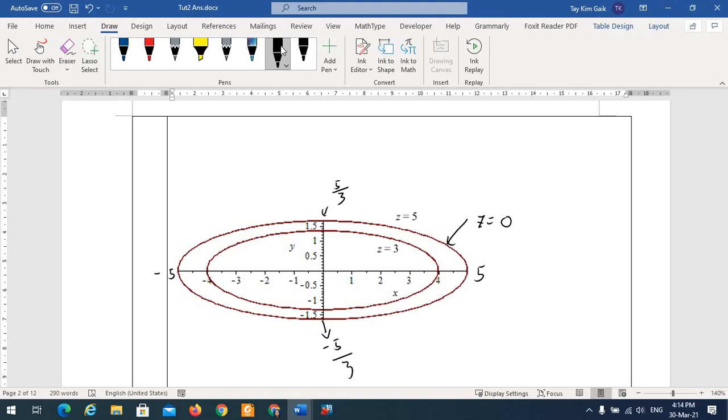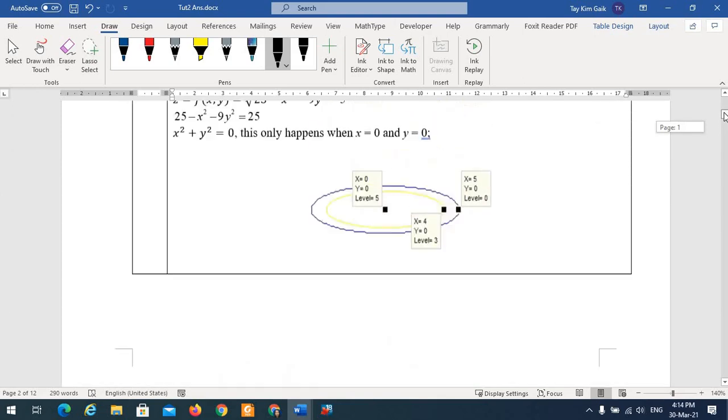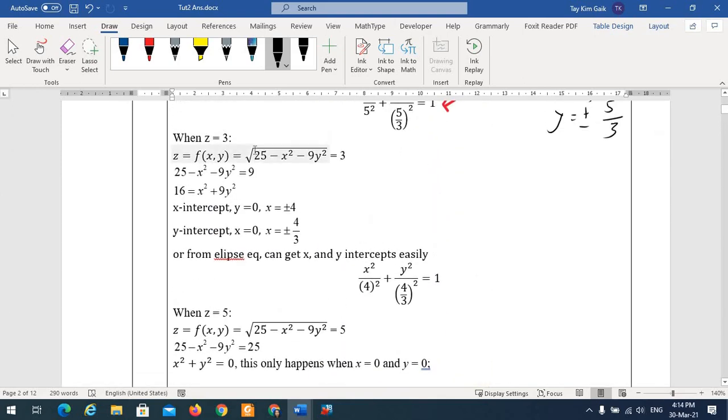This is z equals 0. Z equals 5 is this one. This one is z equals 0. When z equals 3, the same thing, you copy this one, make it equal to 1.